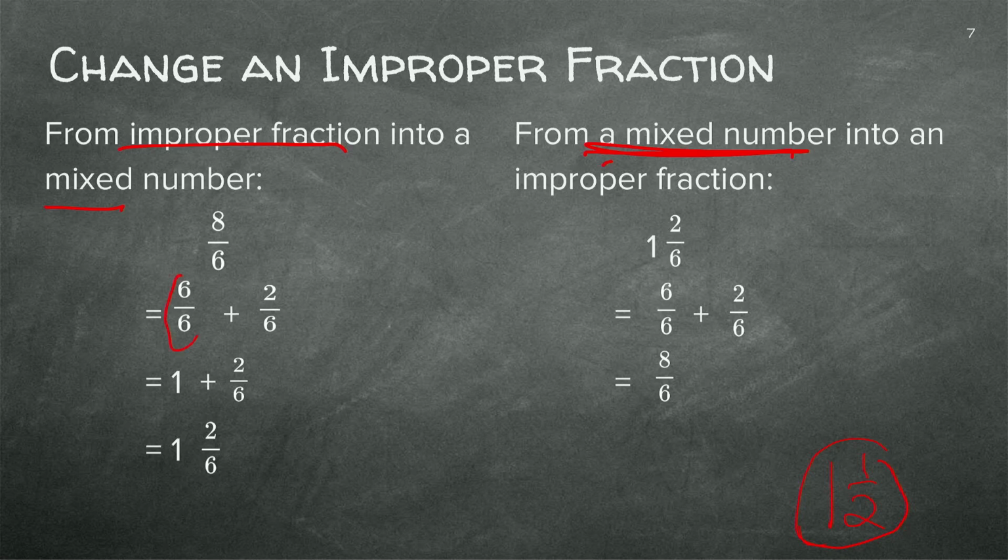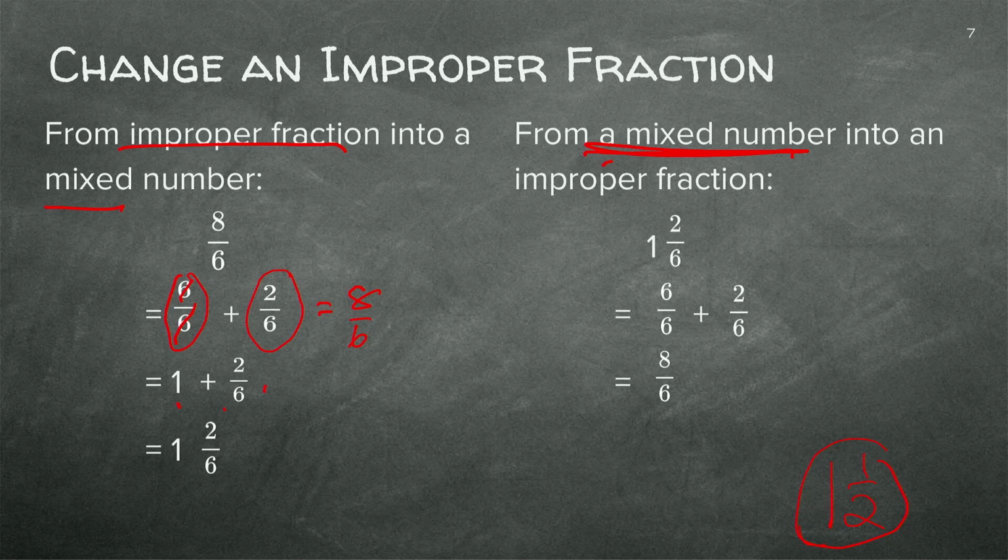Okay? So if we want to turn this improper fraction into a mixed number, we're going to say there's going to be 6/6 plus 2/6, because remember the denominators are the same. We can add them up, so it's going to give us 8/6. We know 6/6 is 1, so there's 1 plus 2/6.